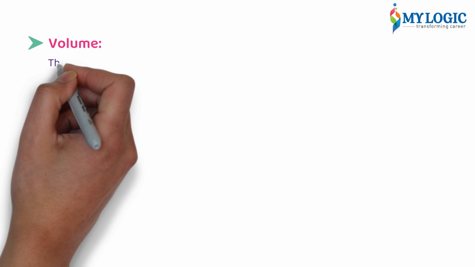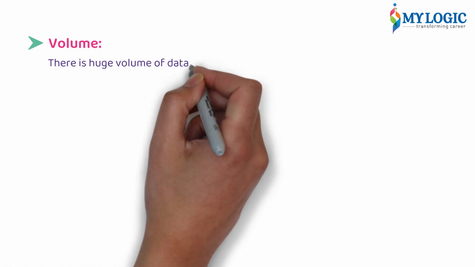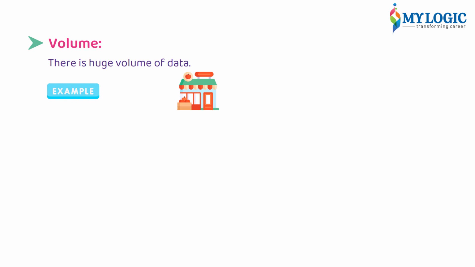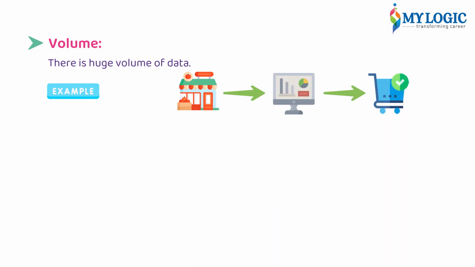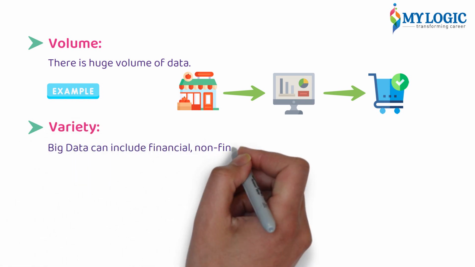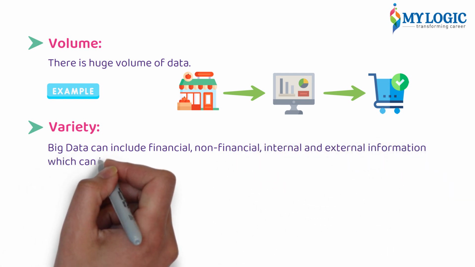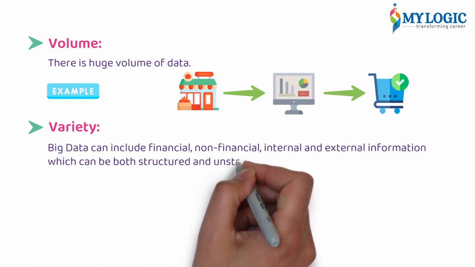Volume. There is huge volume of data. For example, a hypermarket will have a data store of all purchases made, which includes all details. Variety. Big data can include financial, non-financial, internal, and external information, which can be both structured and unstructured in nature.